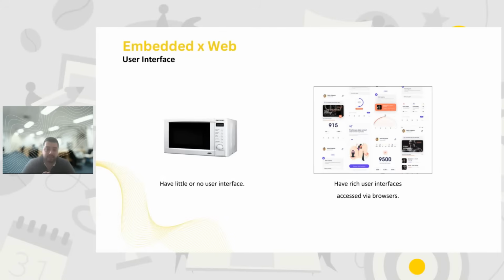Again, the example of the website and microwaves, but in this case about user interface. Normally in embedded systems, there is little and simple or no user interface, or something simple through hardware. On the other hand, in web and mobile, user interface, and also the topic of user experience, are two really important parts to guarantee the success of the product.